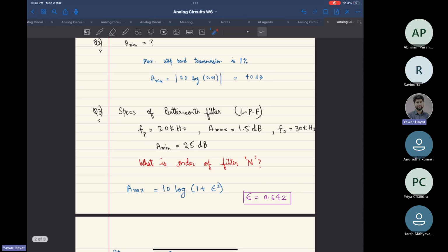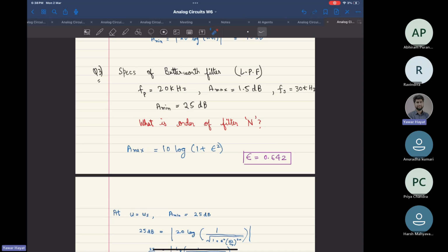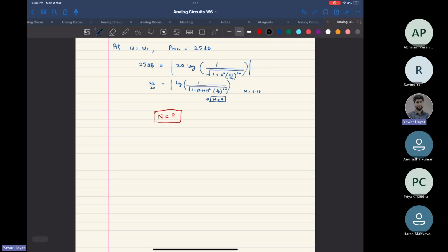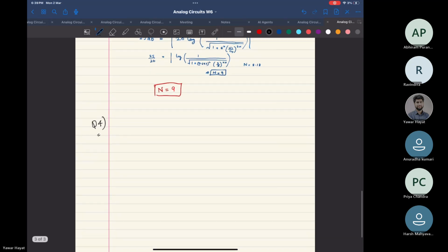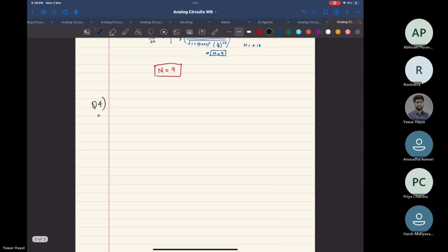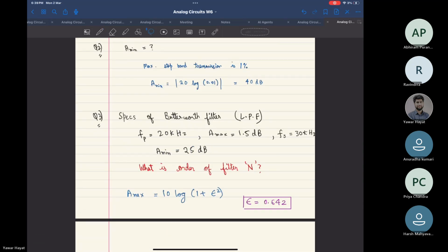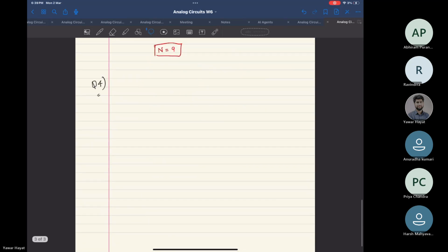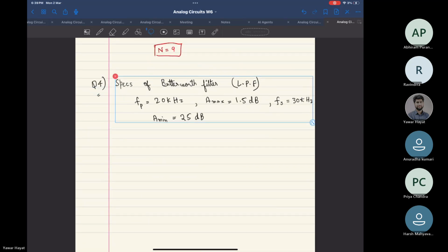Okay, so now if I use the same specifications, what would be the attenuation at 25 kilohertz? Suppose your equation 4 is this.